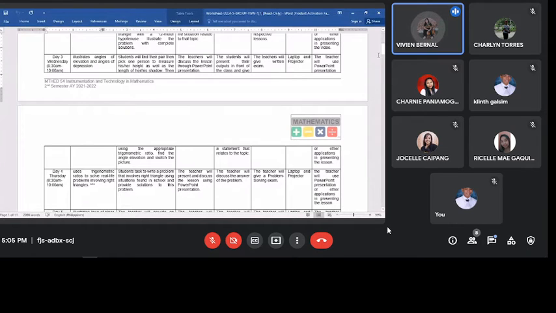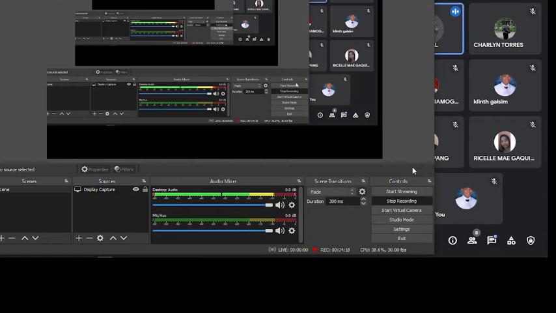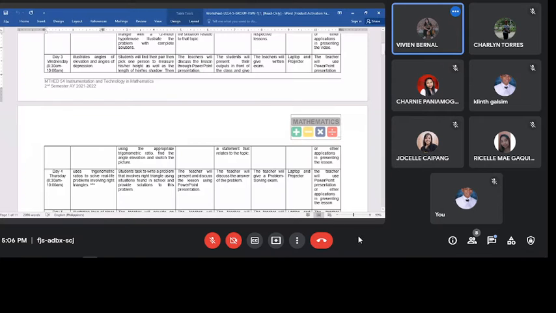For day 3, which is Wednesday, 8:30 to 10 a.m., the learning competency is illustrate angles of elevation and angles of depression.